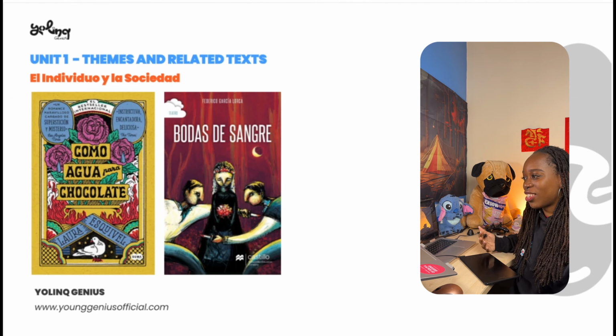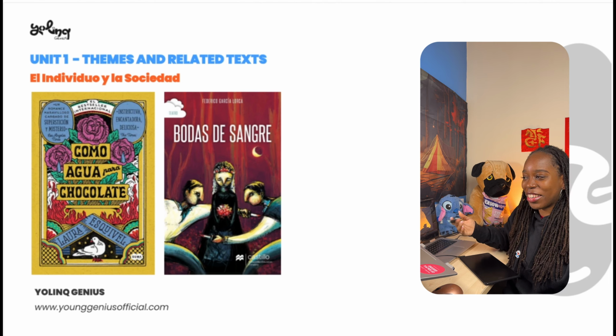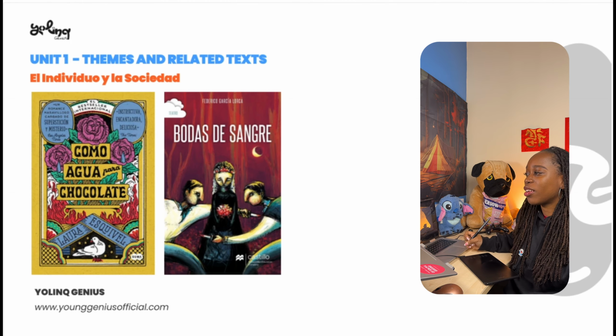I'll give you human translations, the context around what some of these things mean, because sometimes I get the meaning but can't give you a direct translation. But I'll stop rambling. The texts for this theme are Como agua para chocolate and Bodas de sangre. Again, you read one of the texts. You do not read both.